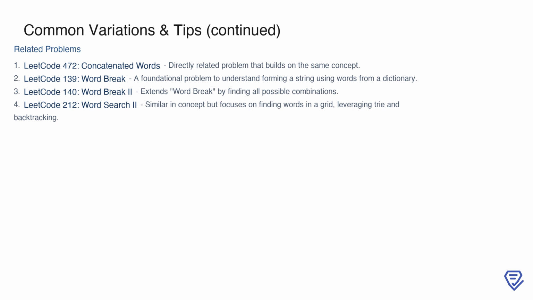Building on that is LeetCode 140, word break 2, which extends the word break concept to find all possible combinations. Another related problem is LeetCode 212, word search 2. While it focuses on finding words in a grid, it shares similar principles, like leveraging tries and backtracking. Exploring these problems can help you refine your skills and recognize recurring patterns across different challenges.